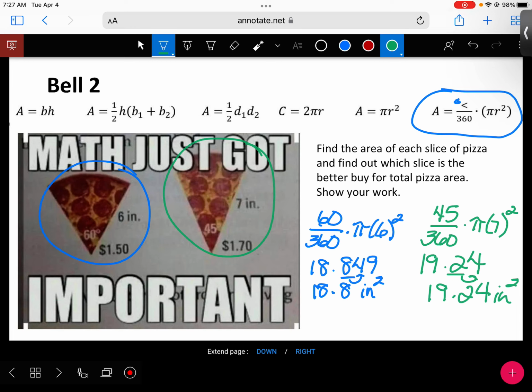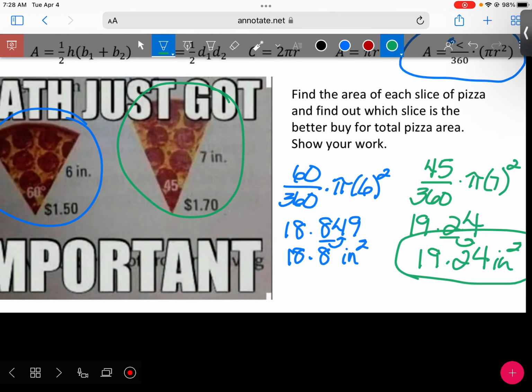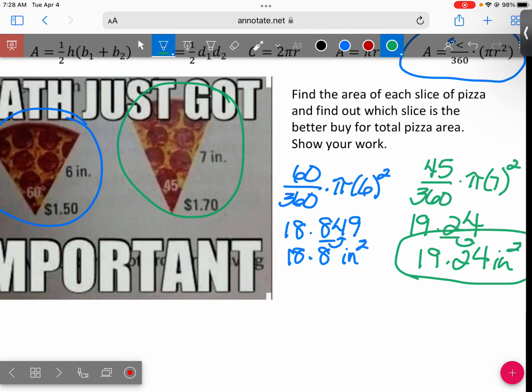So what does this tell me? The first one or the second slice is bigger? Second slice is bigger, has more area, but it says which one is the better buy for the price. This first one costs $1.50, okay?